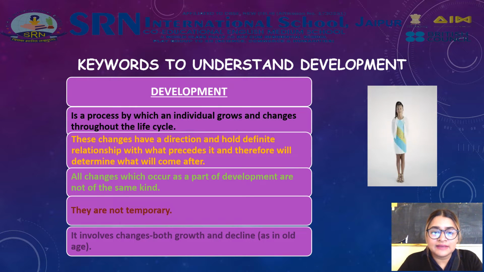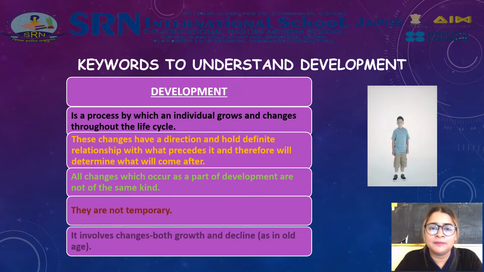So decline is something, for example, your body, your weight, your other parts, they start to grow. But as you reach, or you are reaching old age, now the decline, you can witness that you are in decline. That means that your organs will not work as they used to before.